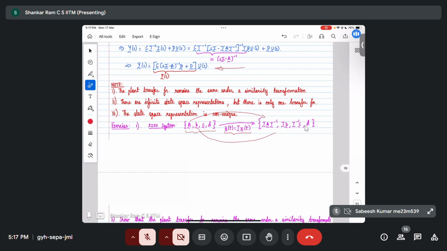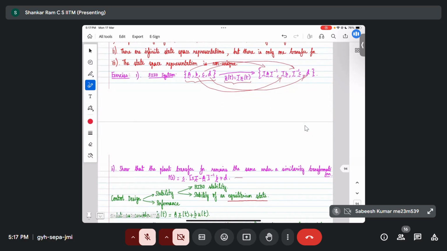The input vector B gets changed to T times B. The output vector C gets changed to C times T inverse, and the direct transmission term D remains D. As we already know, the plant transfer function for SISO is C times (sI minus A) inverse B plus D, and that remains the same even when we do a similarity transformation.